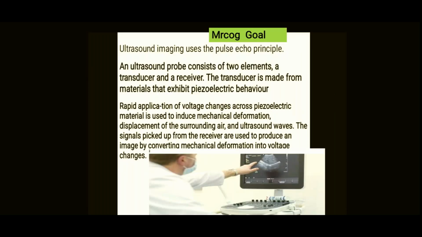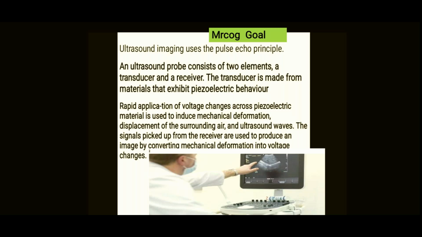Now, what is ultrasound imaging, and what are the elements that are used? So let us go into the machine things, right? So ultrasound imaging uses the pulse echo principle. The probe consists of two elements. It has got a transducer and it has got a receiver. The transducer is made from a material that exhibits piezoelectric behavior.